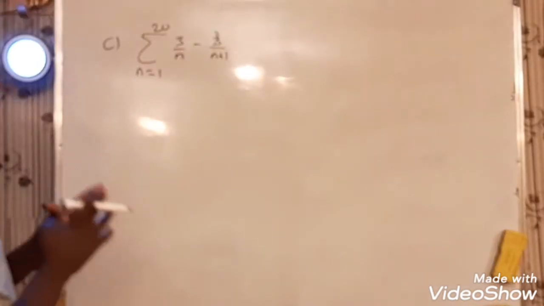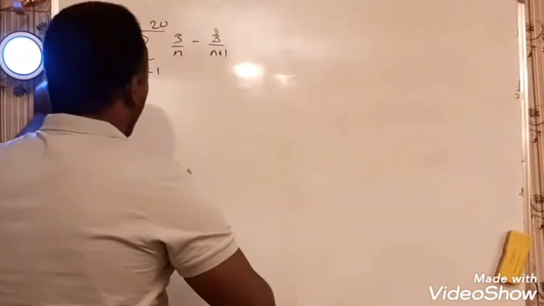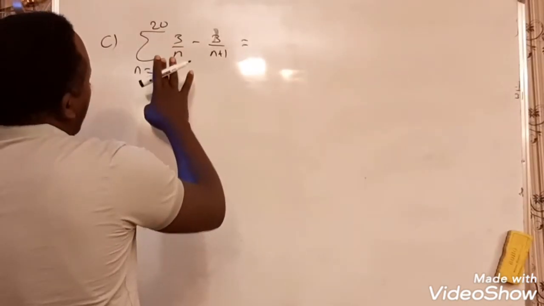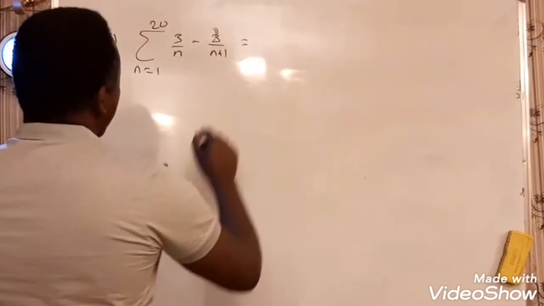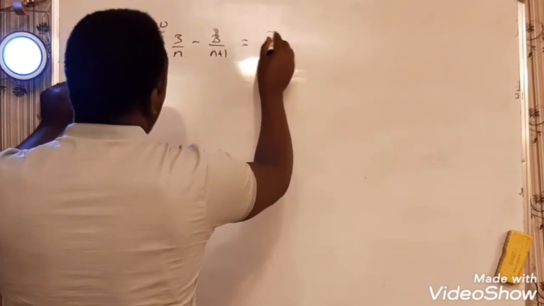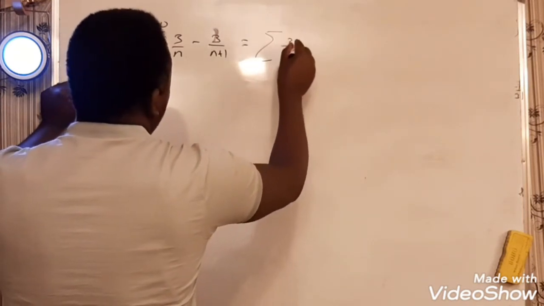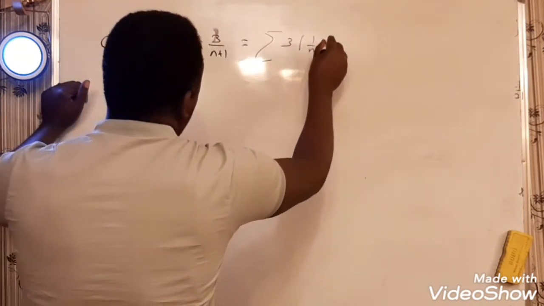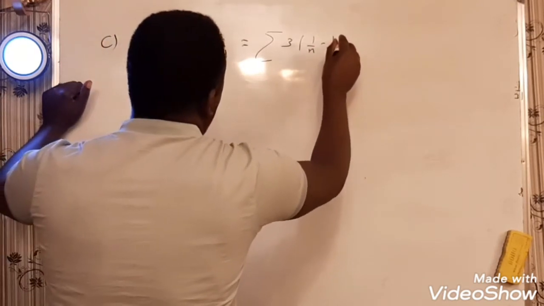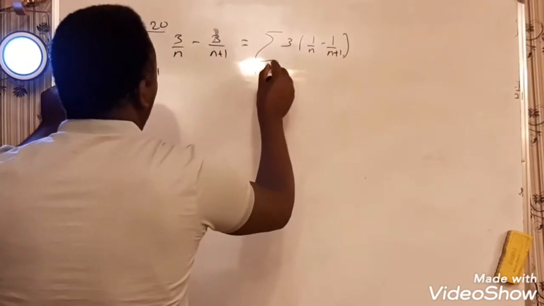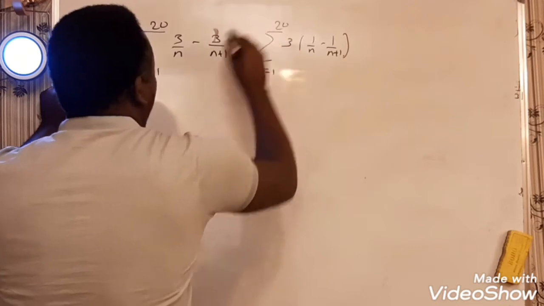In order to determine the finite sum of this problem, first of all, you have to know how to represent or denote it. This is given by the summation of 3 times (1 over n minus 1 over n plus 1), n running from 1 to 20.